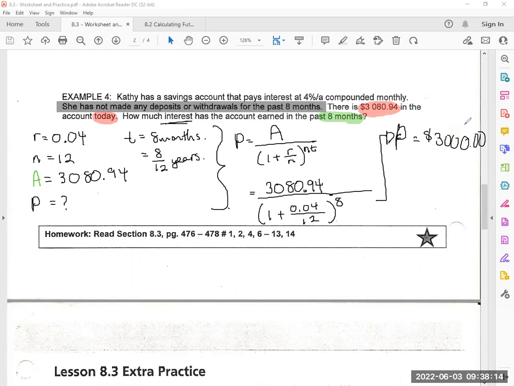Try it on your calculator. And if that makes sense to you, the rest of this sheet is all practice. Think about it as exercises that are similar to what you might get on your assignment. And away we go.